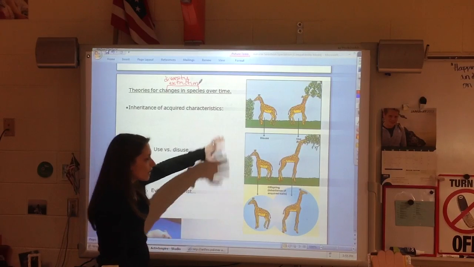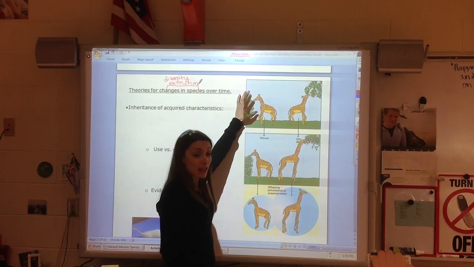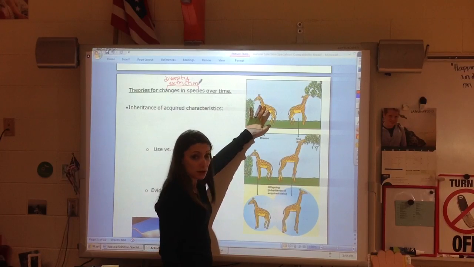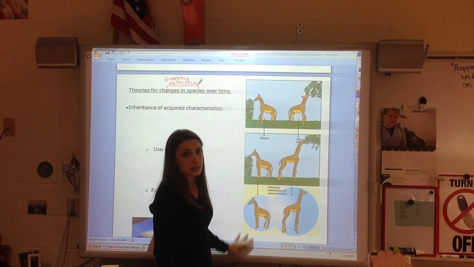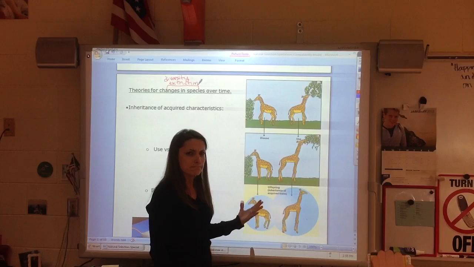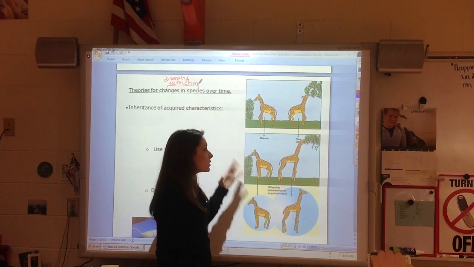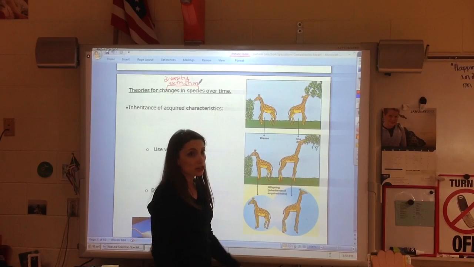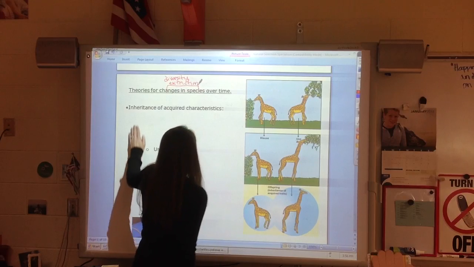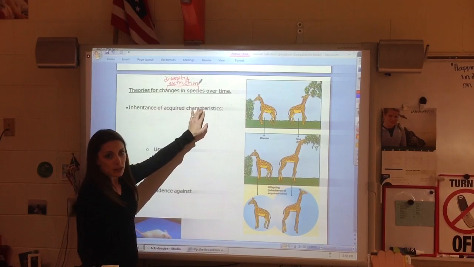We're looking at fossils of giraffe-like organisms that had very short necks, or horses that were very short, and going, how did this happen? How is it that these organisms changed over time? And so there was a beginning theory.